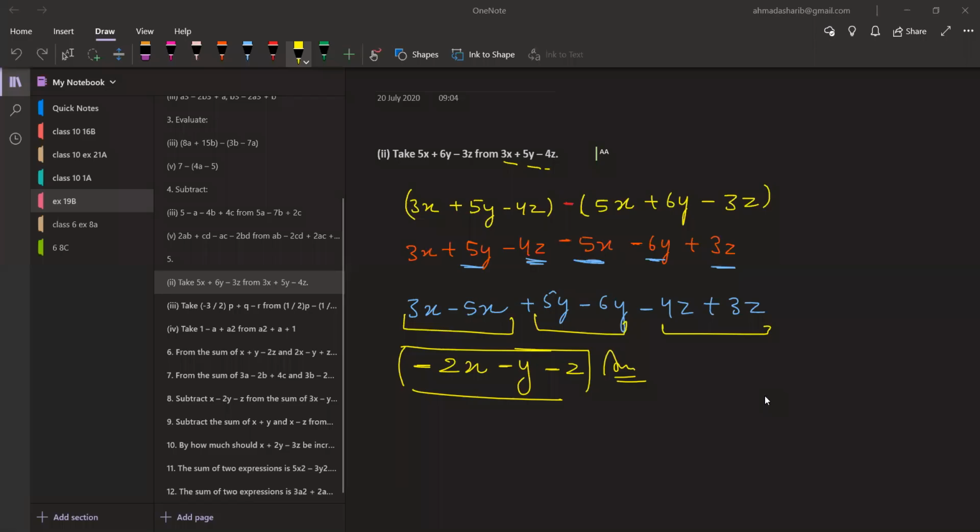So let me first fix it. Okay. Now is the screen visible? Questions are visible to everyone?